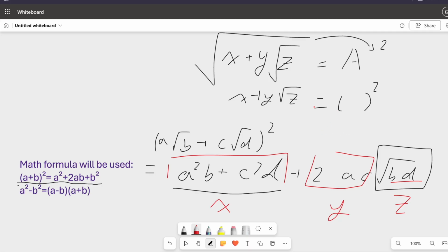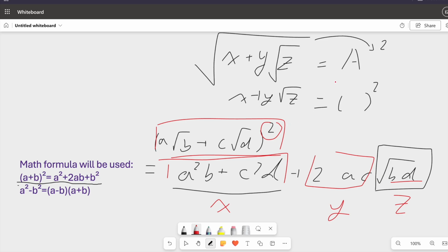So we can do some algebra to find the values of a, b, c, d. Then we can simplify to this format and cancel the square root with the square, and that leaves us with a final simplified expression.